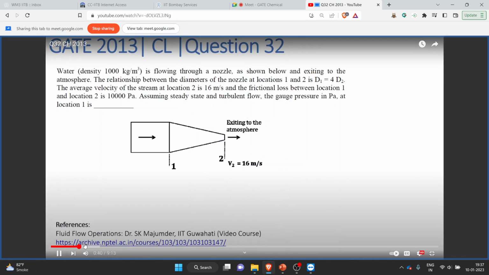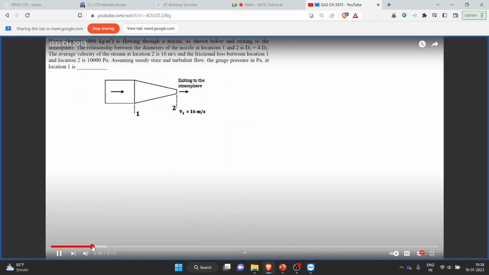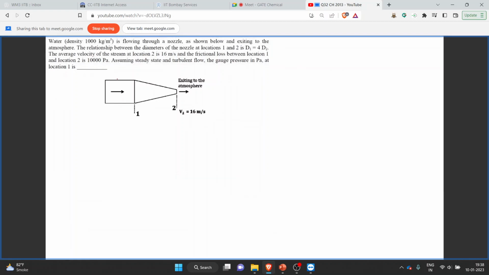So in this question, we have been given a nozzle through which water is flowing with a density of 1000 kg per meter cube.